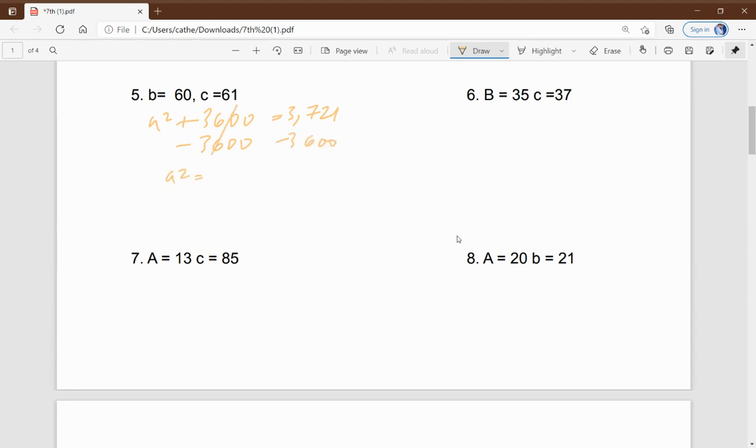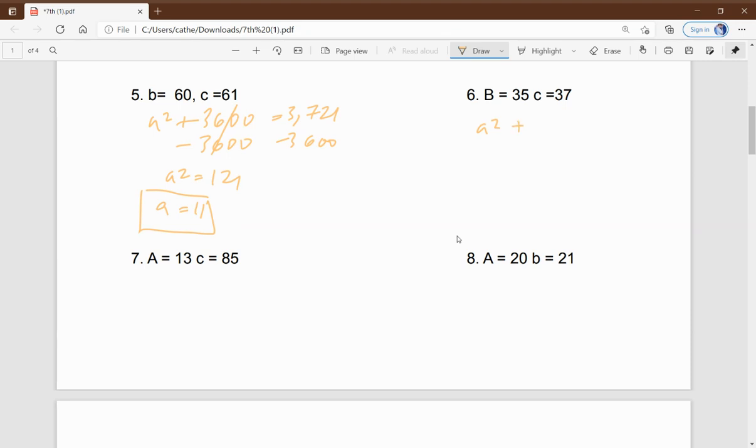So A squared equals 121. We need to find just A, so we're going to square root A squared. And when we do that, you get 11.